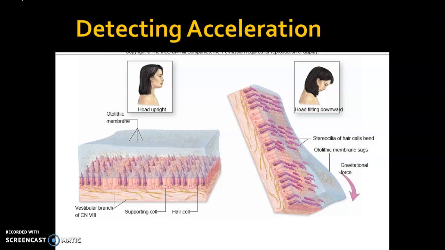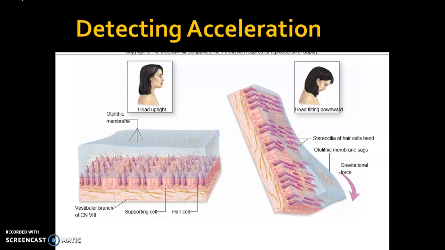So let's review. When the head is in upright position, we have the hair cells and the supporting cells in position, and there is otolithic membrane on top. The hair cells are not bending at this point. However, when we tilt our head downwards due to the force of gravity, the hair cells bend.